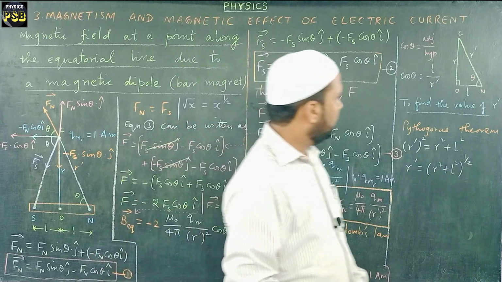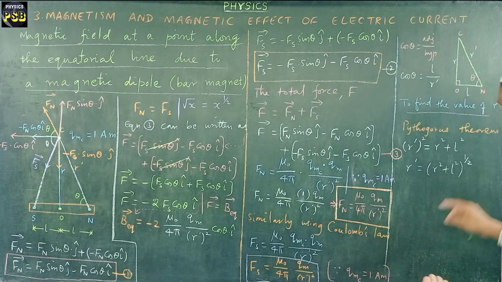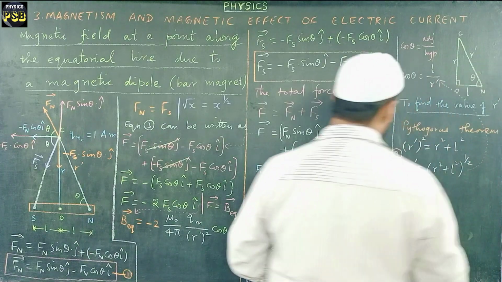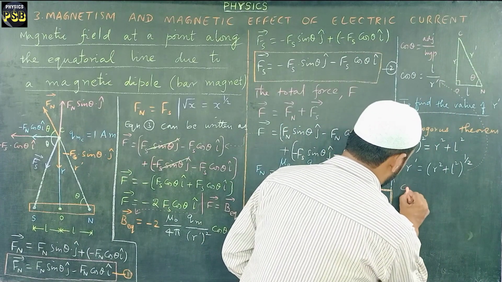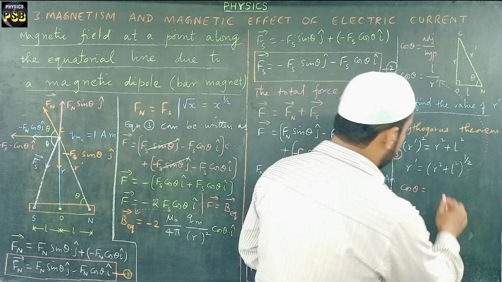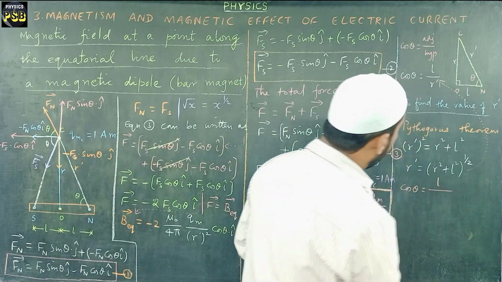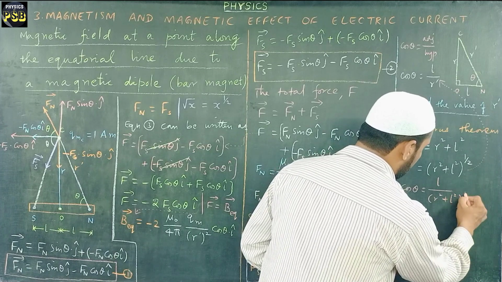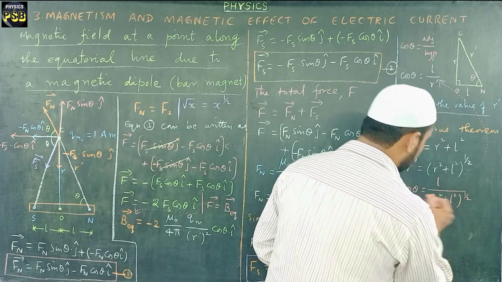Now, by substituting this, we get the cos theta value equals L upon r square plus L square power half.